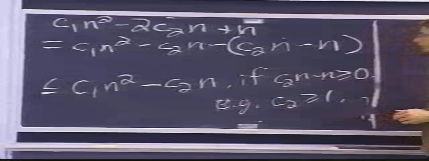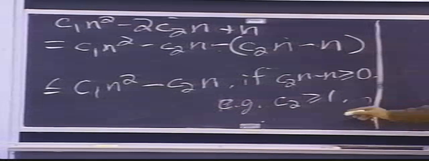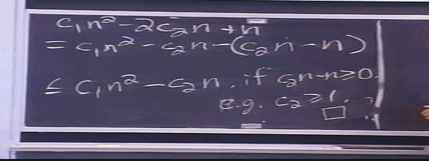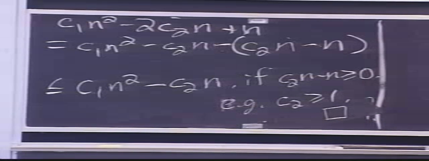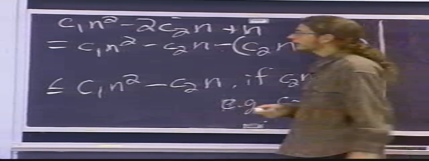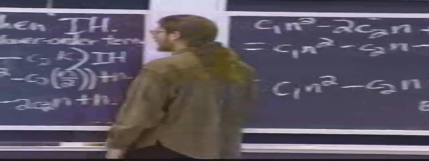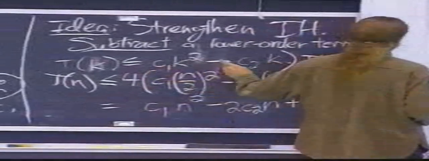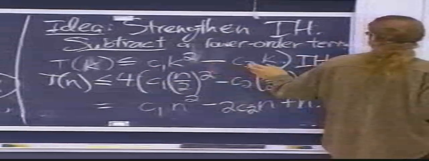Good. And that finishes off the proof. Again, you have to do a base case, but I won't write it down here. And so we've proved that T of n is order n squared. Not only that, it's at most C1 times n squared minus C2 times n, but everything OK?